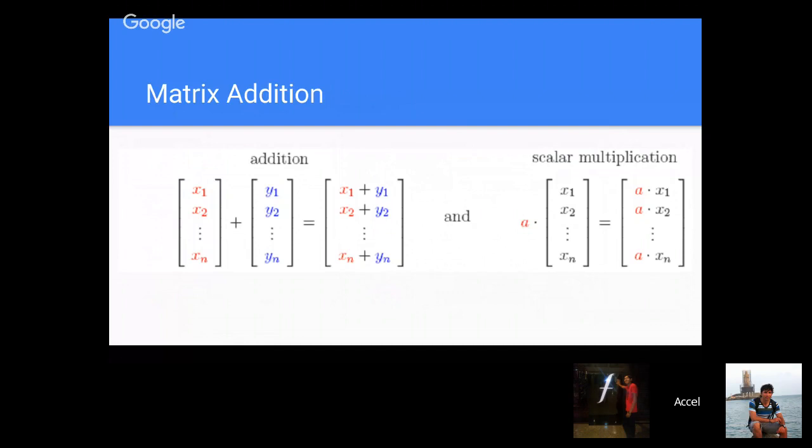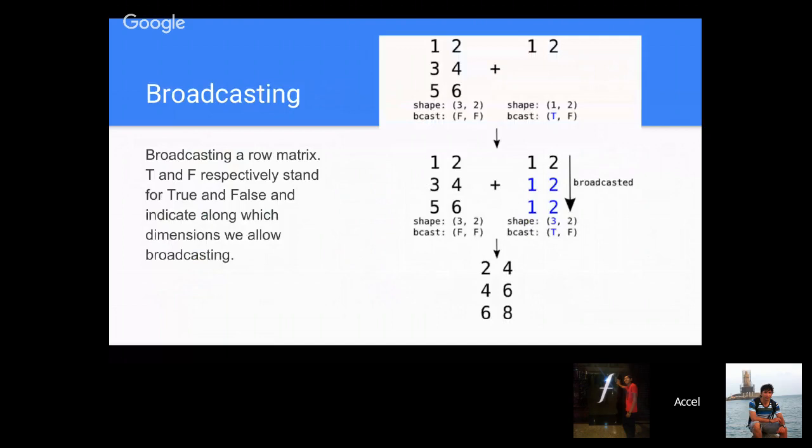Something that is unique to deep learning is that it allows for the addition of a matrix and a vector, yielding another matrix. This is also known as broadcasting, where you have implicit copying of B to many locations.